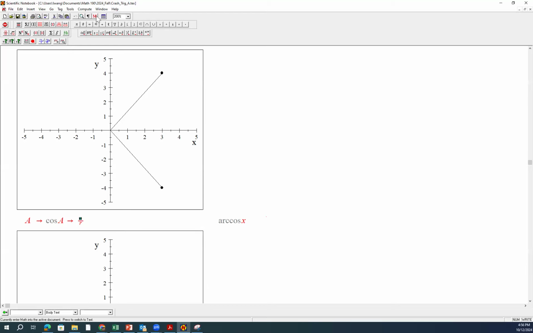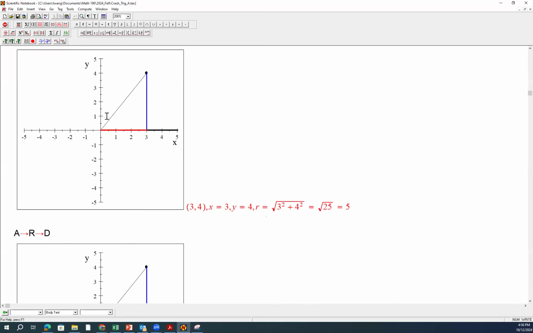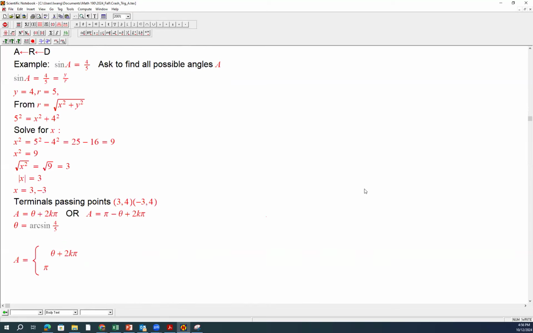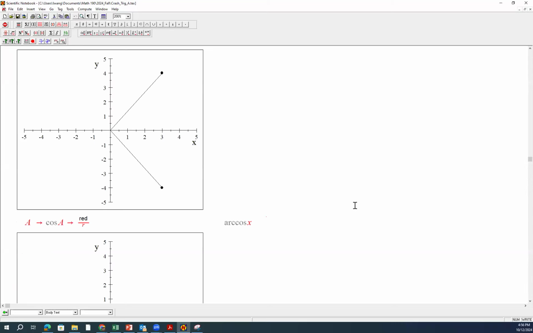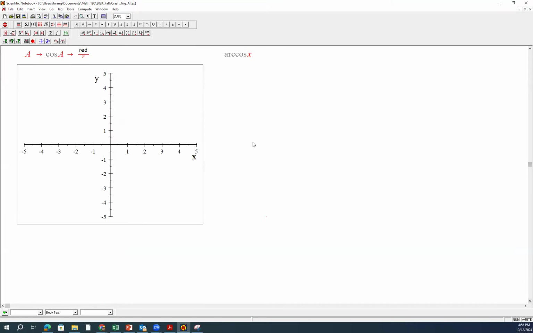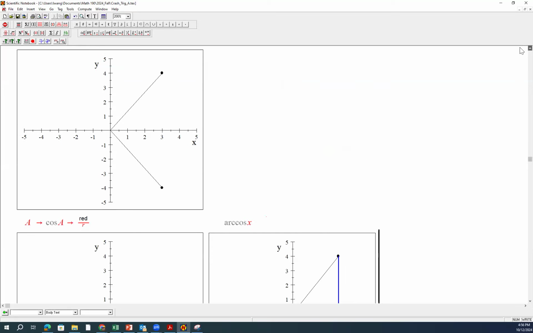Red over r. So sometimes in order to avoid that confusion, the red, meaning the horizontal line, the red over here. So let me put it back here just to avoid any confusion. Red over r. Okay, so we got that.